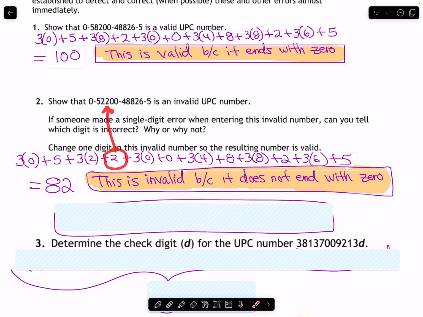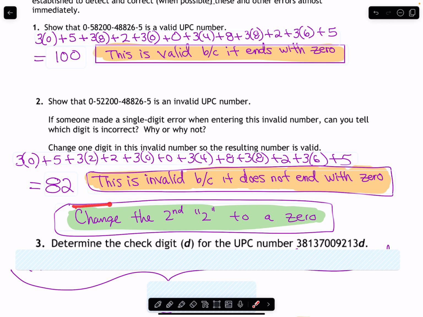So if we change this 2 to a 0, then the entire sum would only add up to 80, and that would make it valid. So again, changing this 2 right here to a 0 would make it valid. And that's what it says here. Change the second 2 to a 0.